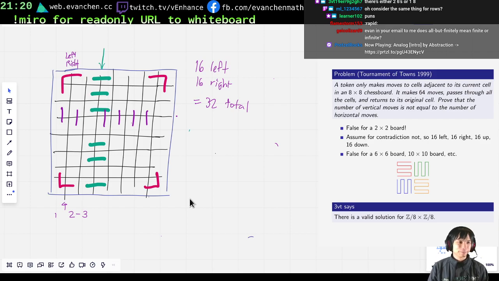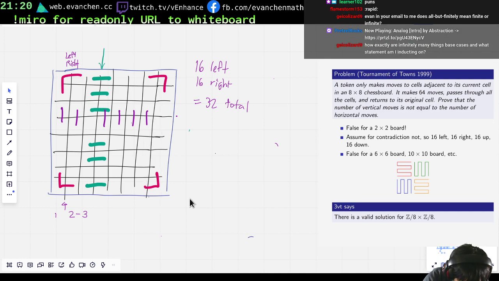I feel like the left-right thing, the fact that on each border there's an equal number of left and right, is the best thing I have right now. I know the number of lefts and rights are equal, and this is true for all of them.